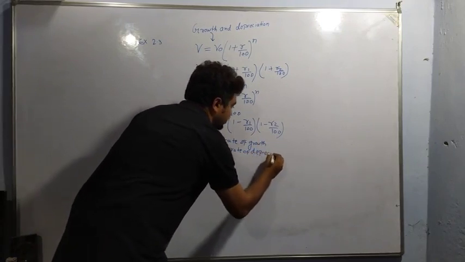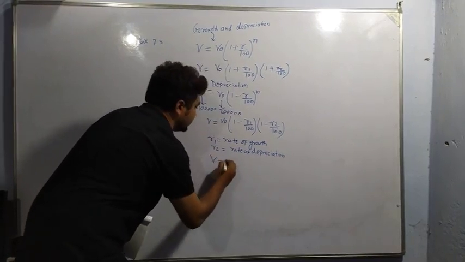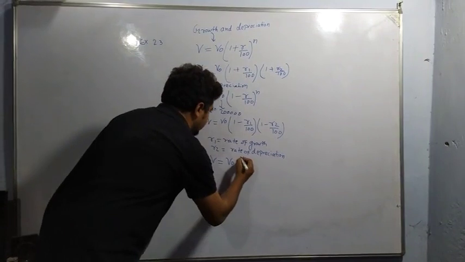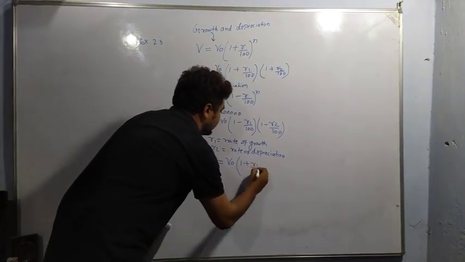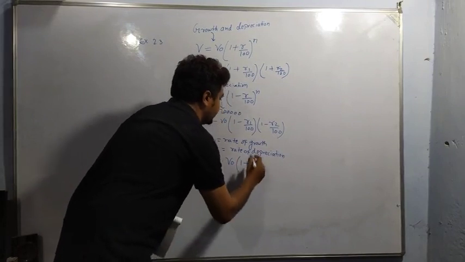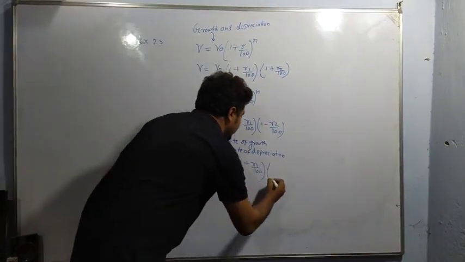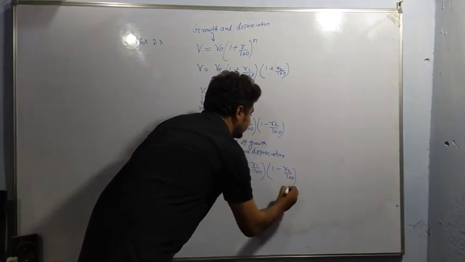For 2 years I am calculating. In this case, V is the final amount and V naught is the initial amount. R1 is the rate of growth, so 1 plus R1 by 100, a plus sign will be there. And if it is depreciation, D for depreciation, D for difference sign, 1 minus R2 by 100. So this is the case of depreciation.